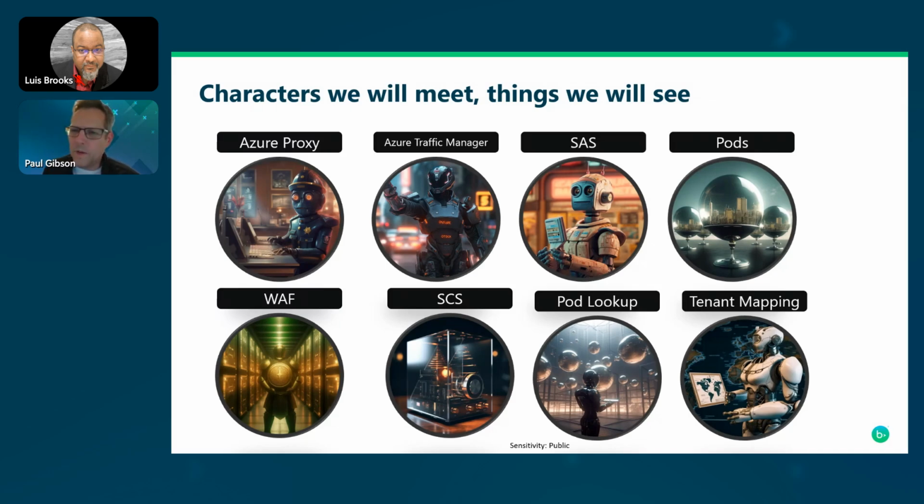And so we frequently have to map various incoming calls, incoming things that are happening to the tenants. And so we have a component called tenant mapping for that. So these are some of the characters, some of the things that we'll see throughout the talk. And so hopefully this will spark your interest and you'll stick with it as we get into these.